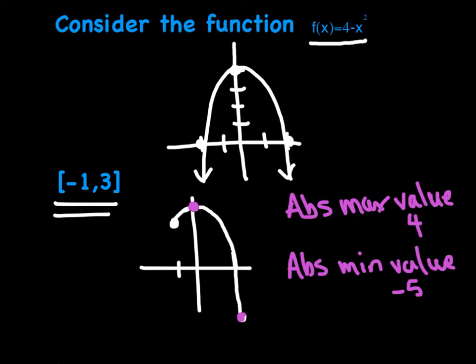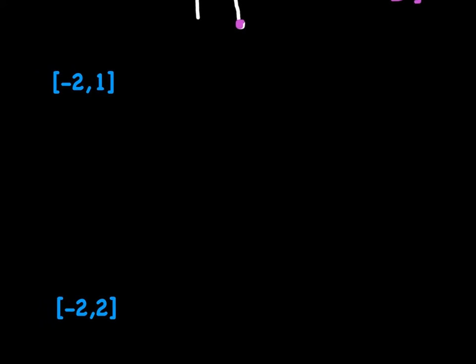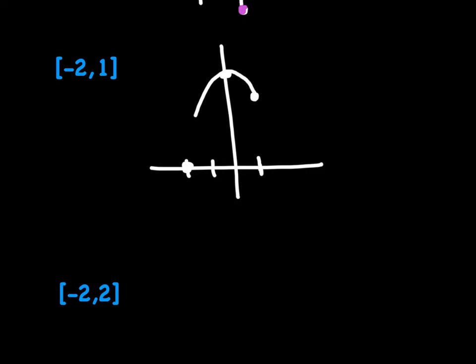Okay? Now what if I used the same function, but I wanted to change the closed interval, and now I'm going from -2 to 1. And when x equals -2, the value is 0. We're going to go all the way up to 4, and then when x equals 1, we're at 3. So we're going to go up and down, and within this closed interval, my absolute max is again 4.